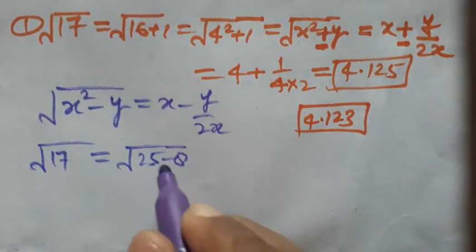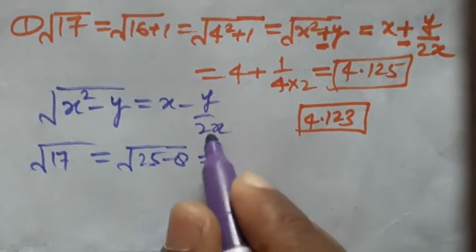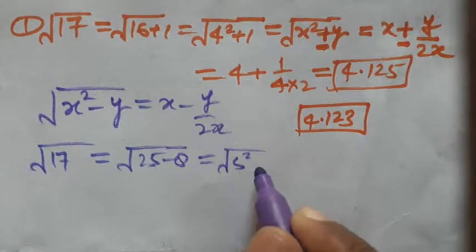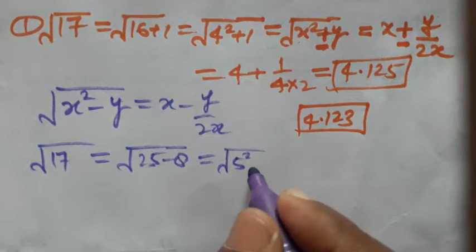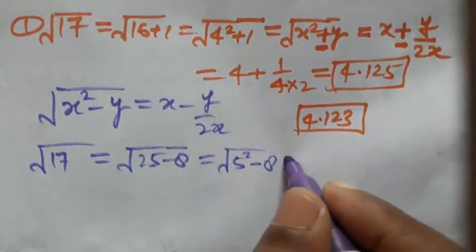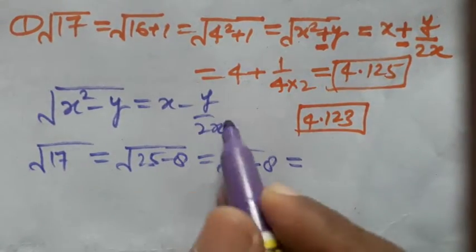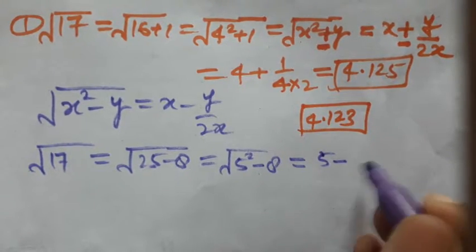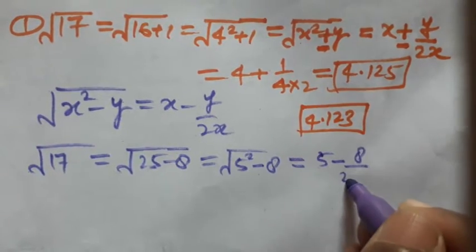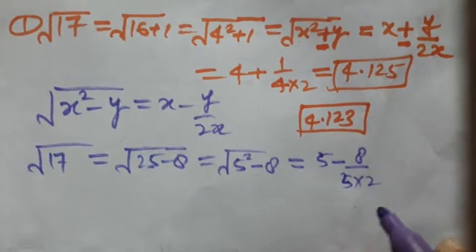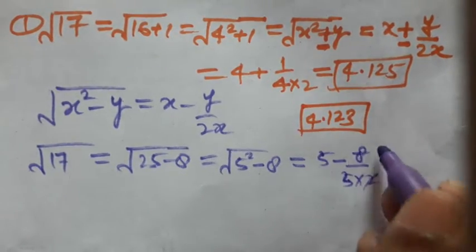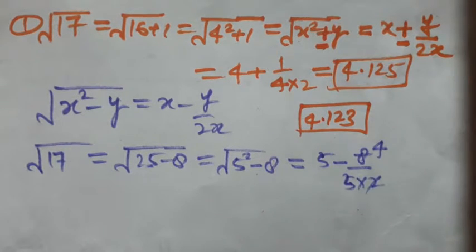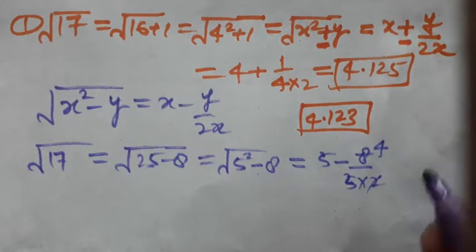Then x here will be 5, so we can write 5 square minus 8. The answer would be 5 minus 8 upon 5 into 2, so this is 5 minus 4 by 5, which means 4.2.